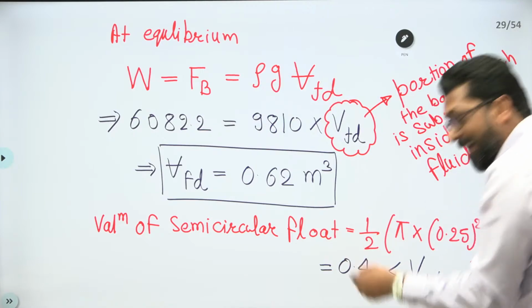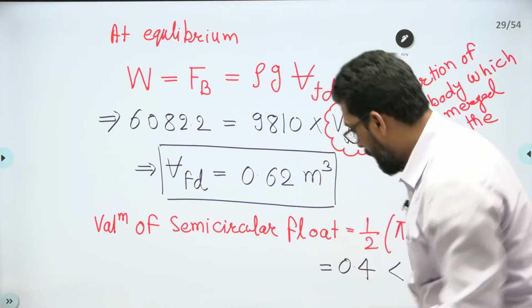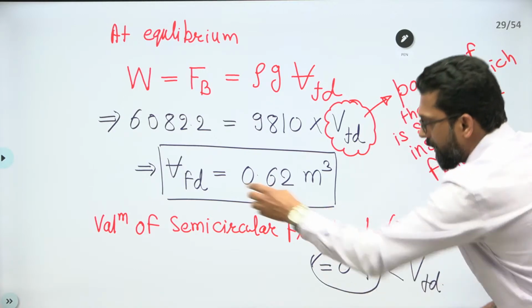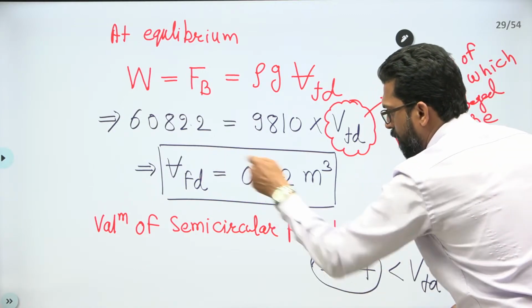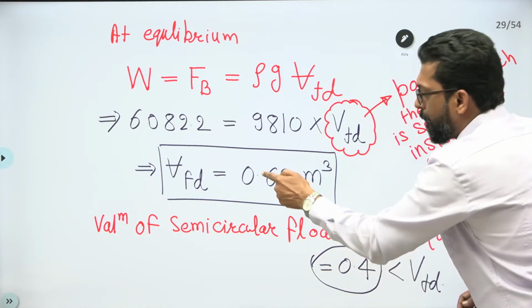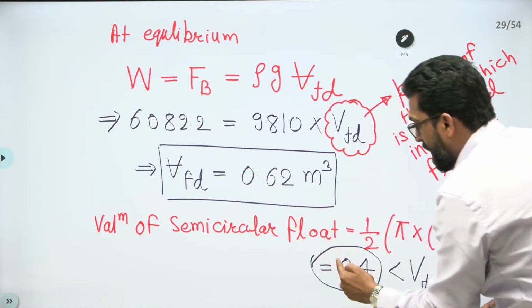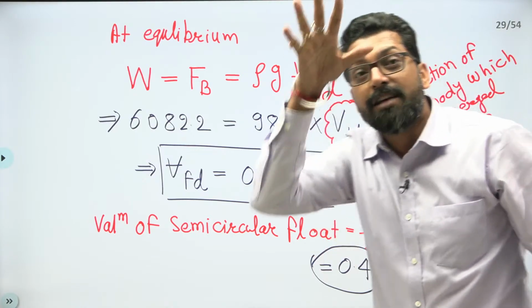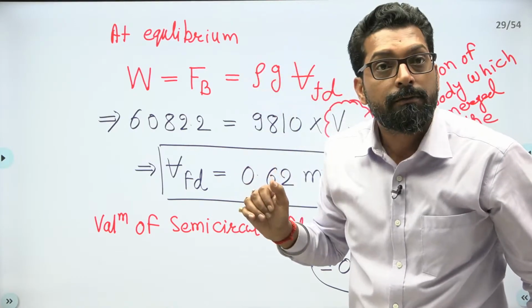If there is only the circle immersed in the water, only this portion is fluid displaced. If the fluid displaced were equal to the volume of the semicircle, we could say that only the circular part is inside the water.